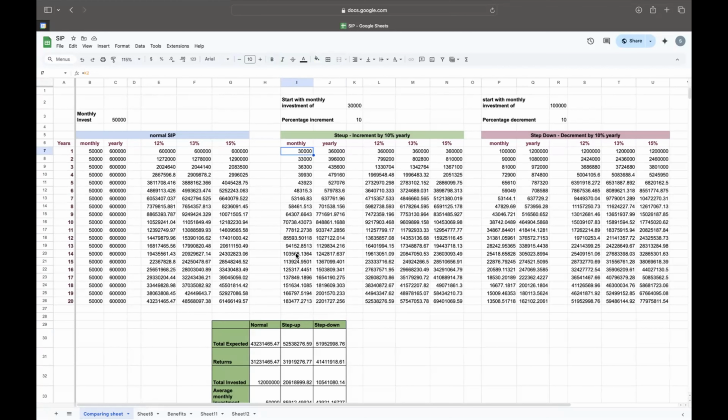So, let's see here. For us to reach this 1 lakh monthly investment, it takes 14 years in step up SIP. But this 1 lakh, we are doing right from the starting in step down SIP. Well, if we start at the 14th year with 1 lakh investment, in that case, we'll be missing out on this 1.6 CR, which we have accumulated over these 13 years.